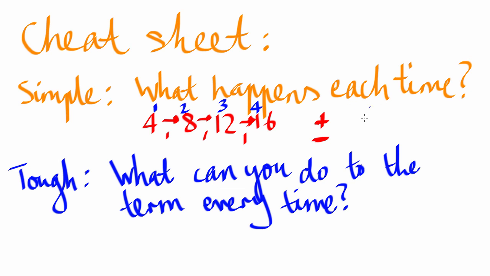And that's useful for figuring out way, way down the pattern what might happen. So what can you do to the term every time? And because we're using a term, we're using a shortcut, T for term. And we found out in this pattern that every time, all you have to do is times by 4.